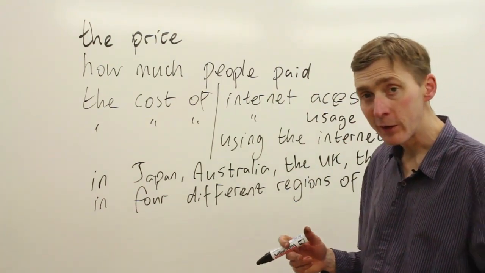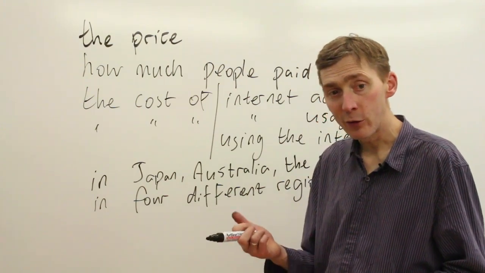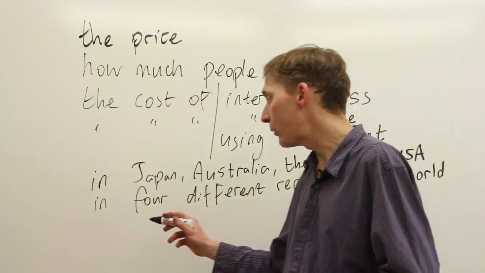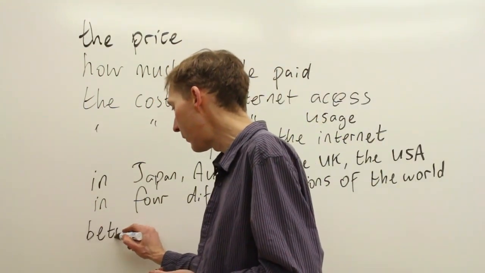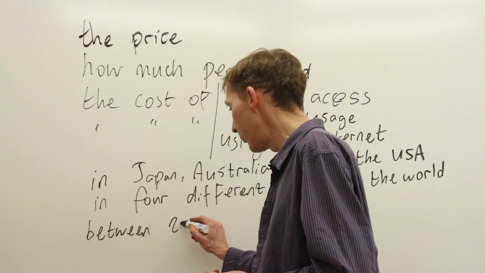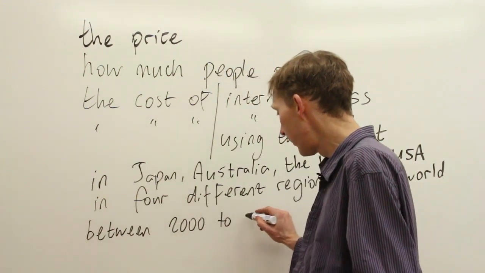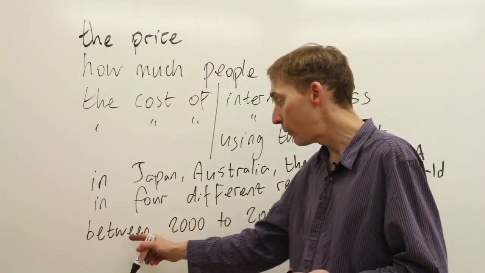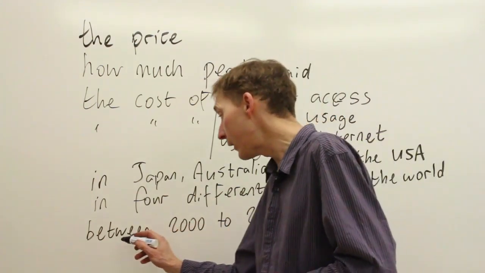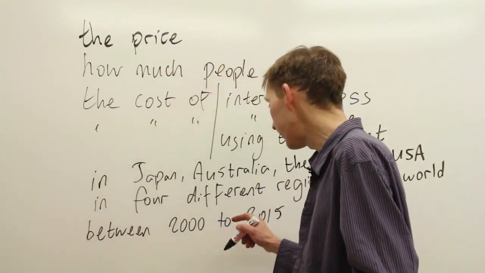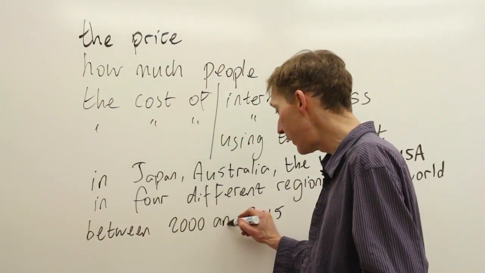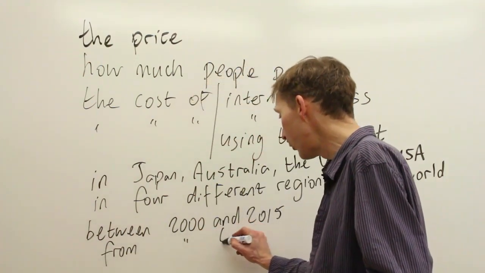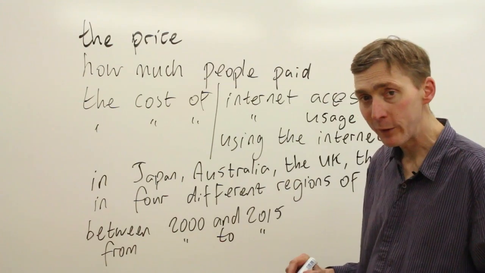Now on the graph it says 2000, 2005, 2010, 2015. So we could talk about between 2000 to 2015, or instead of saying between and to, we could say from 2000 to 2015.